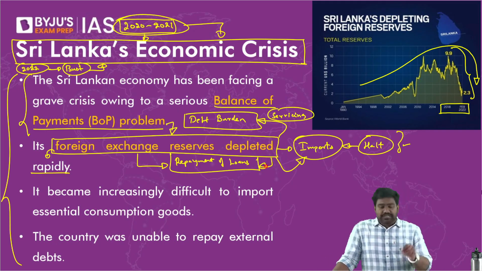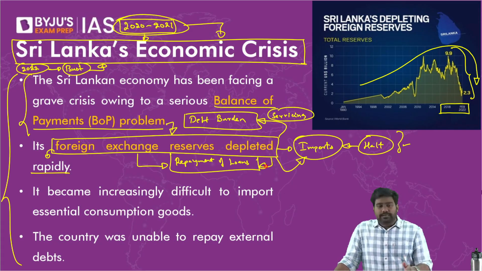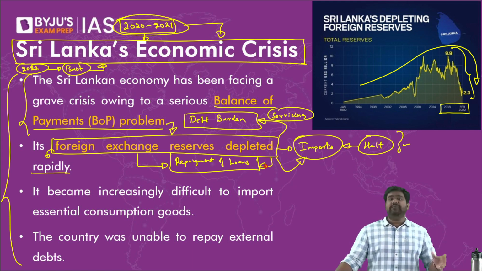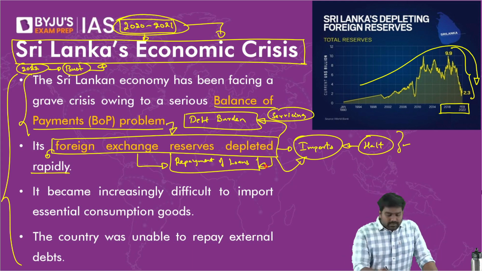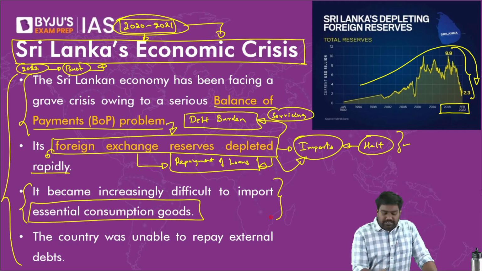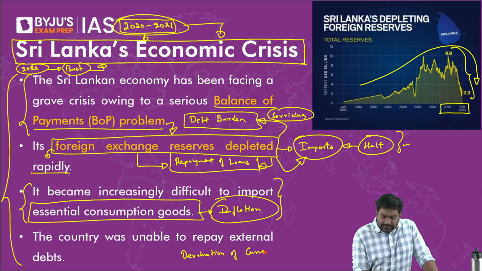So Sri Lanka faced this BOP problem, the balance of payments problem, where it didn't have enough forex reserves to continue imports, and essential imports came to a halt. So this triggered a shortage of many essential goods and commodities, triggering massive inflation, and a shocking devaluation of its currency.